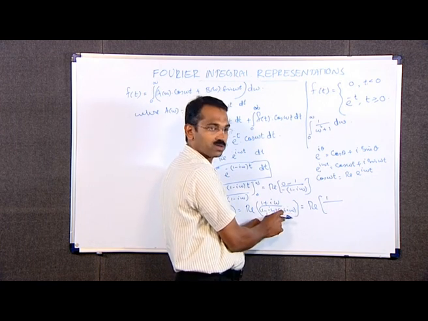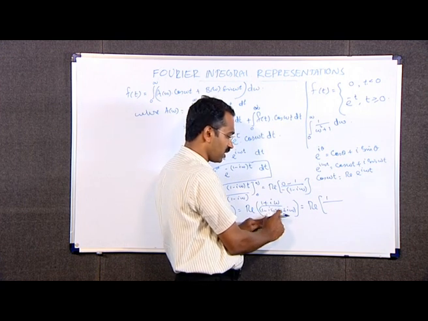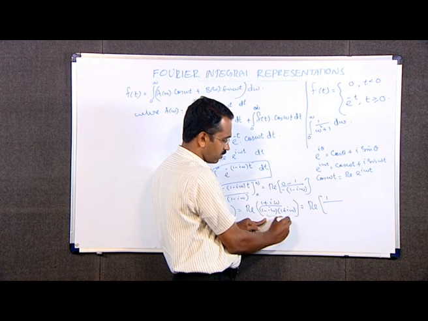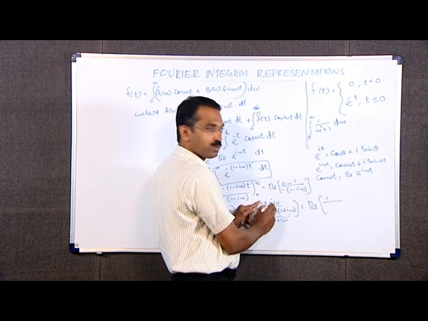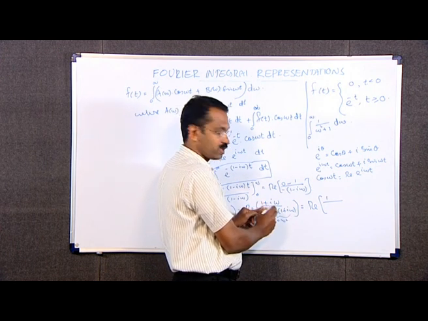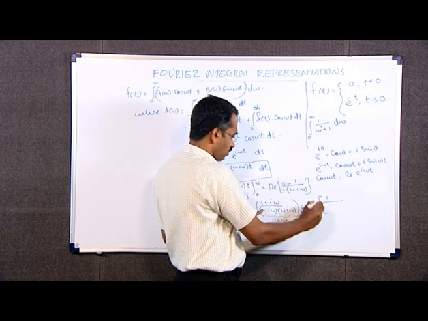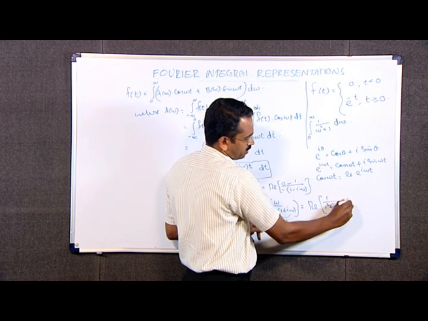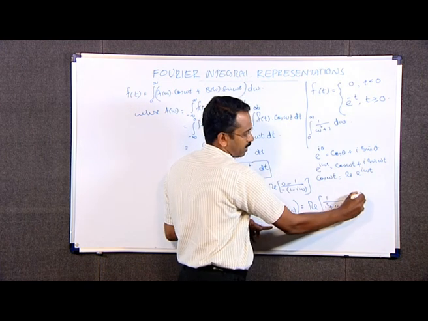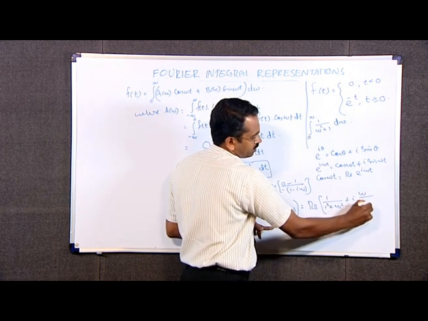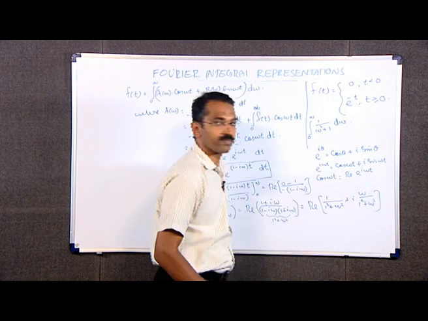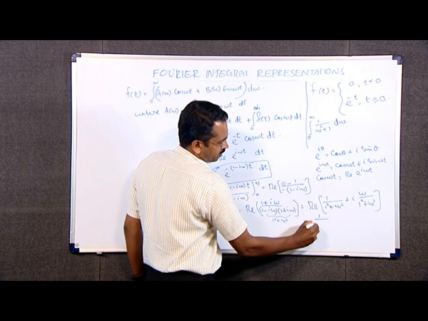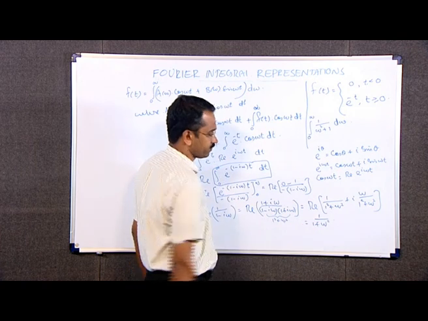I square is minus 1, therefore in the denominator this will become 1 square plus omega square. Now, we split into two terms, that is 1 by 1 square plus omega square plus i into omega by 1 square plus omega square. The real part is 1 by 1 plus omega square.